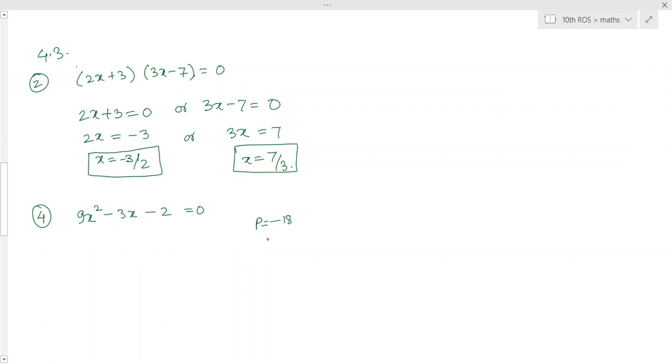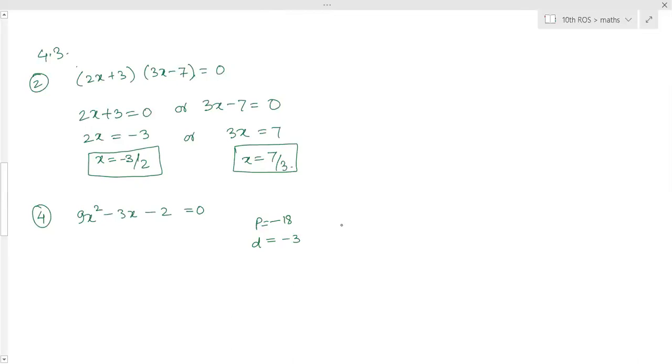And the sum or difference needed is minus 3. Is it a sum or difference of two numbers that is minus 3? Difference, because the product is negative. That means the two numbers should have opposite signs, so they should be subtracted. So the difference of two numbers should be minus 3. What are those numbers?